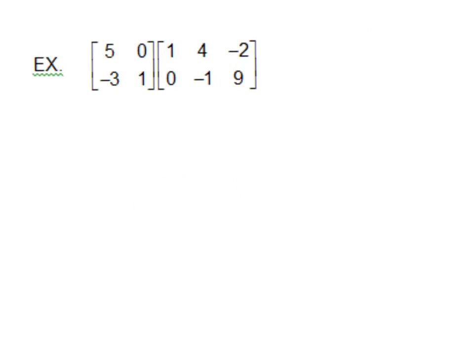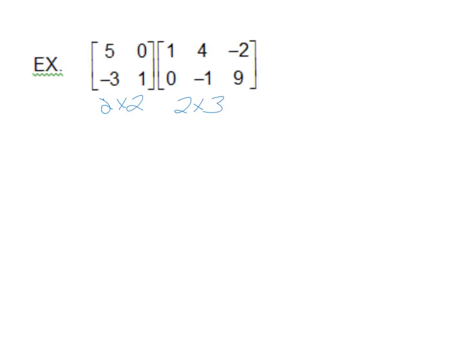Now, multiplying 2 matrices together is a bit complicated. The first thing you have to figure out is if it can even be multiplied at all. So write down the dimensions underneath each matrix. This first one is a 2 by 2. And the second one is a 2 by 3, 2 rows, 3 columns.